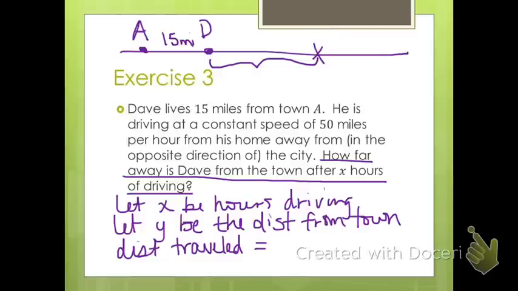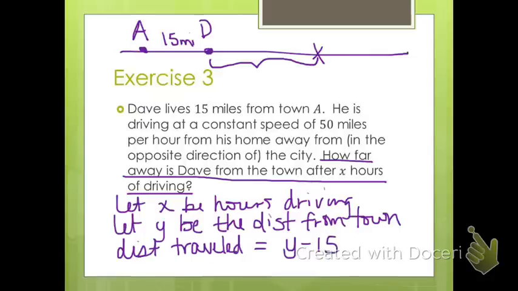Okay? So if he is y miles from town, in other words, if this whole distance from here to here is y, then the amount he actually traveled is y minus 15. So his distance traveled is y minus 15.